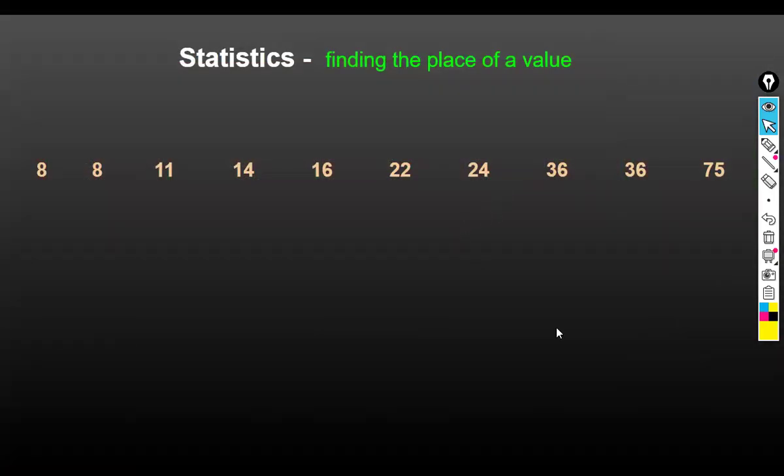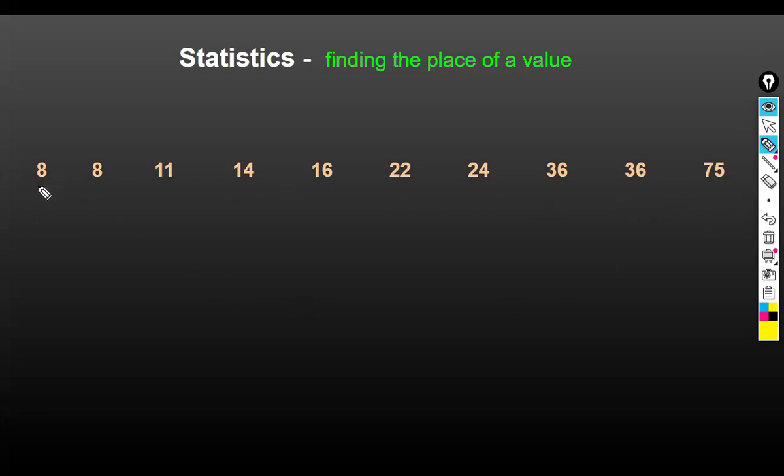Let's say I give you a set of values. Now, it's very important: whenever they give you a statistics question, the numbers are going to represent something. For example, you could have gone on the main road and asked people, hey, how old are you? And these are the responses.